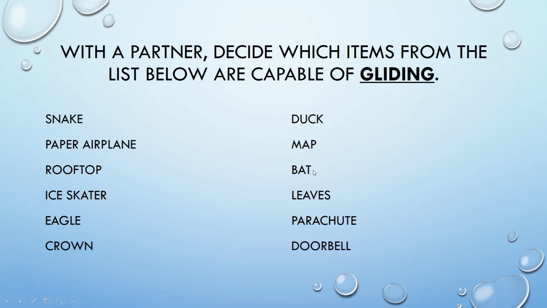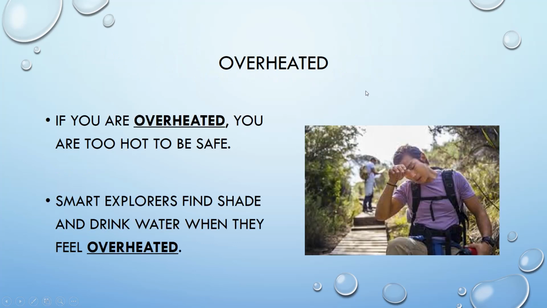Nope. Bat? Yeah, a bat could glide. Leaves? No, not really. Parachute? A parachute is the thing that you have if you are jumping out of an airplane, to help slow you down. I would say a parachute is not really gliding. And a doorbell? No.